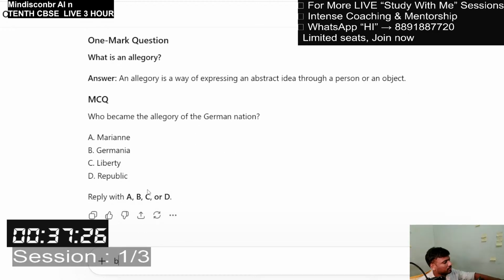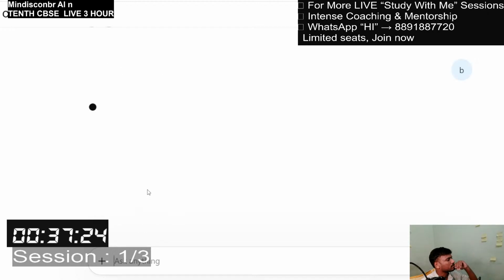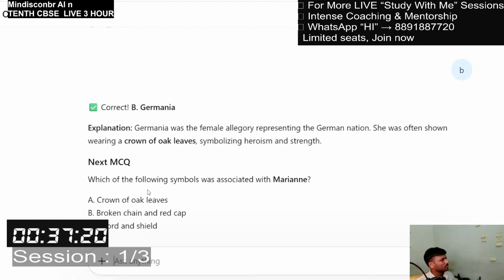Germania. Explanation: Germania was the female allegory representing the German nation. She was often shown wearing a crown of oak leaves symbolizing heroism and strength.